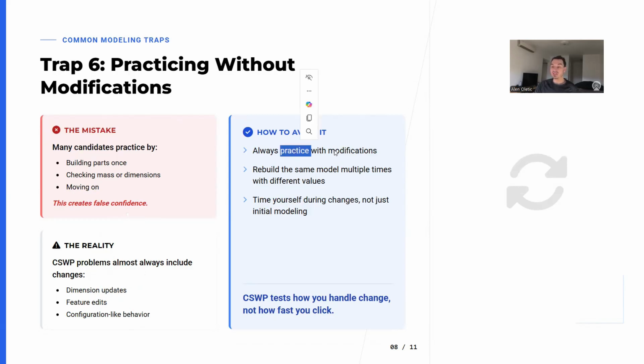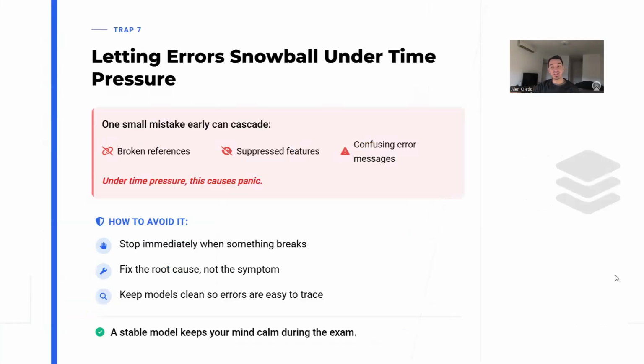So how can you avoid this? Always practice with modifications, right? Modify as much as you can so the model doesn't break. Rebuild the same model multiple times with different values. And also time yourself during changes, not just modeling, okay? Because CSWP tests how you handle changes, not how fast you click. So this is trap number six.